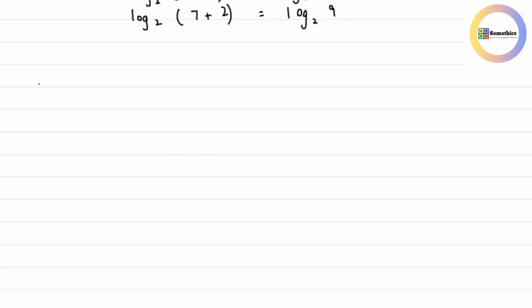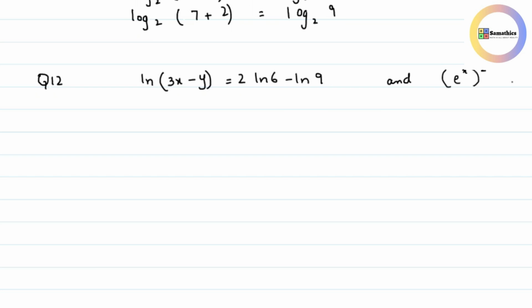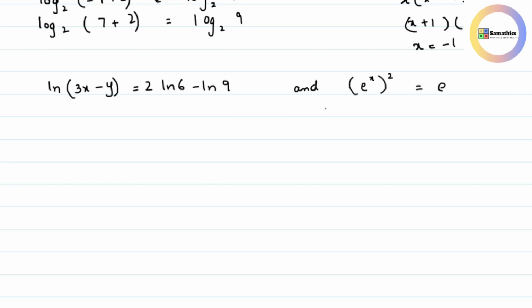Like in question number 12, we have ln(3x minus y) is equal to 2 ln 6 minus ln 9, and another equation is e to the power 2x equal to e to the power y.